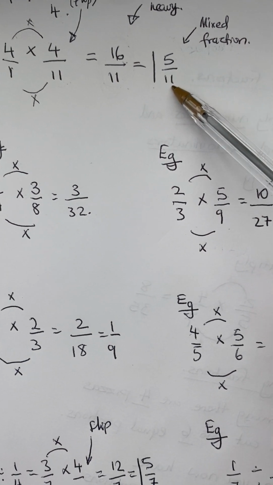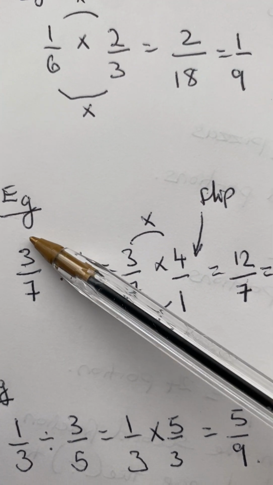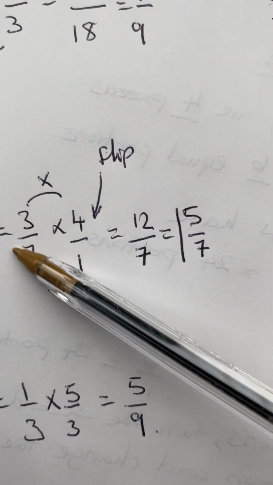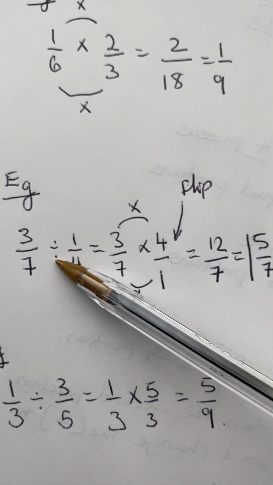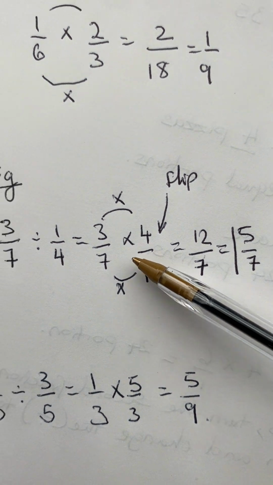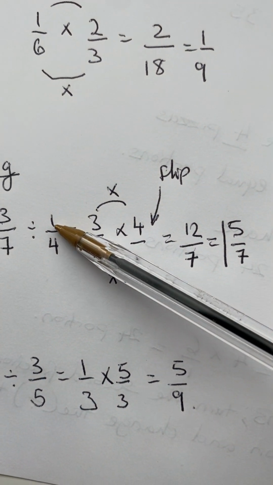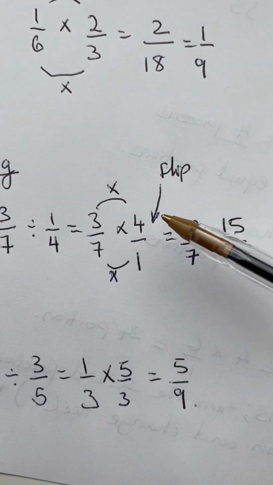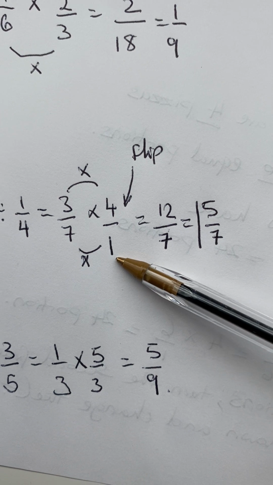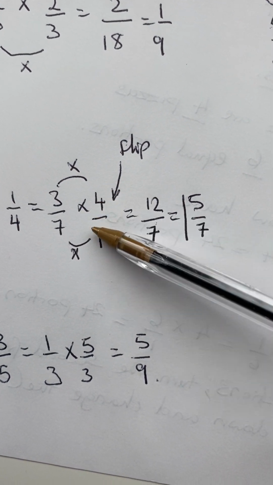That is multiplication. Now, if you are dividing, you repeat the first fraction, as we can see. You change the division sign to a multiplication sign. And then you flip the second fraction. So 1 over 4 here becomes 4 over 1. So whatever second fraction you have, you flip it.